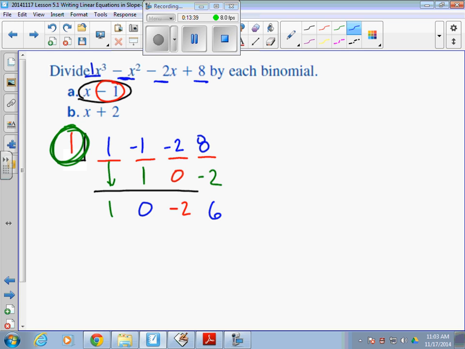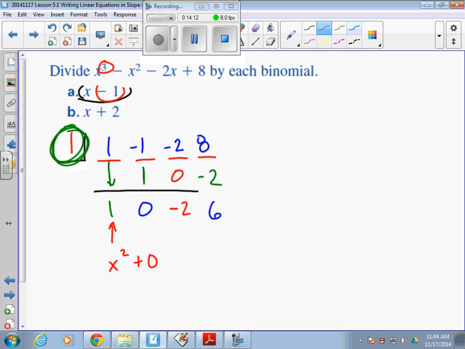From there, all we have to do is write in the correct exponents, or the correct x values with their exponents. You go one smaller than what you start with. So instead of saying 1x cubed, I'm going to have 1x to the what power? Second power. Plus or minus 0. There's no reason to write this in, but we'll write it in just to hold the place for a second. Plus 0. What's the next smallest degree?